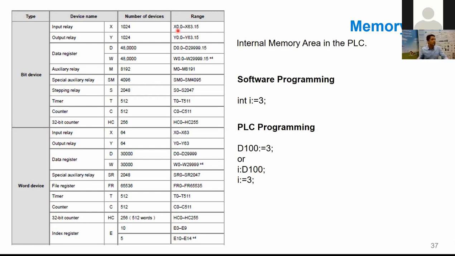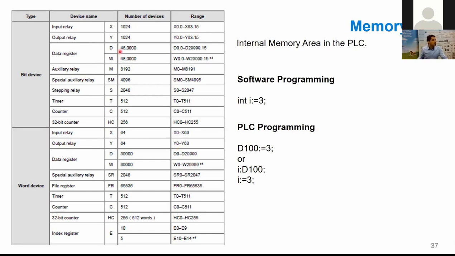So if we want to use any digital input, first we need to define the channel itself and which bit of that channel we need. And same for the output. This is how we use it as a bit. But if we want to use it as a word, we just need to define the channel itself, okay? And each channel has 16 bits.